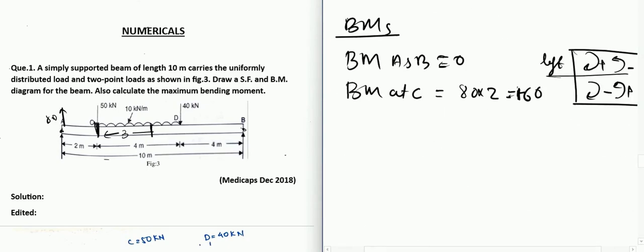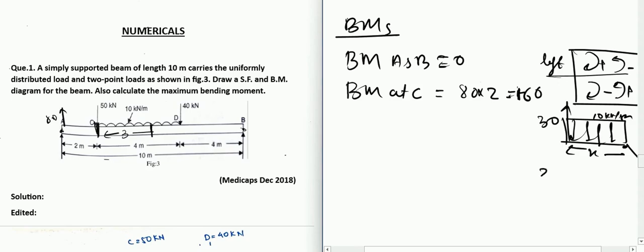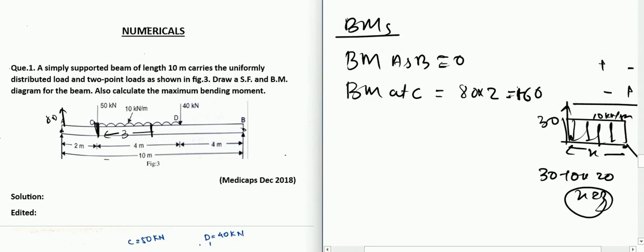So you have a UDL, and at the start of the UDL you have 30 kilonewton force and 10 kilonewton per meter as the UDL value, and at some point x it is going to 0. So you can just say 30 minus 10x is 0 and x is 3. So at 3 meter from C, the load is going to 0. That is why we are saying that bending moment will be maximum at that point.